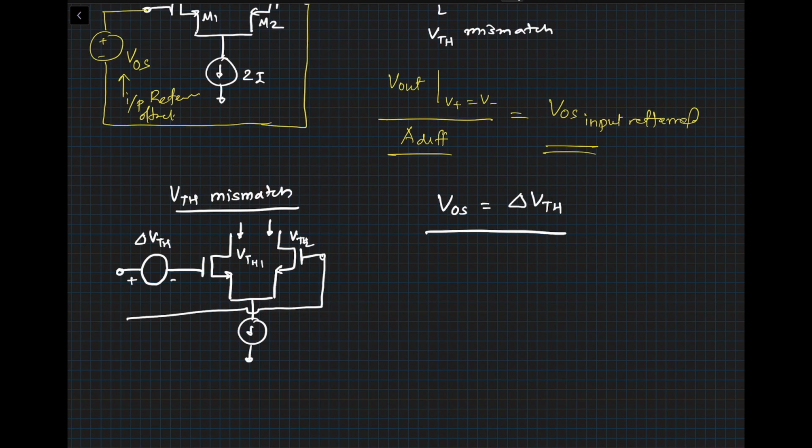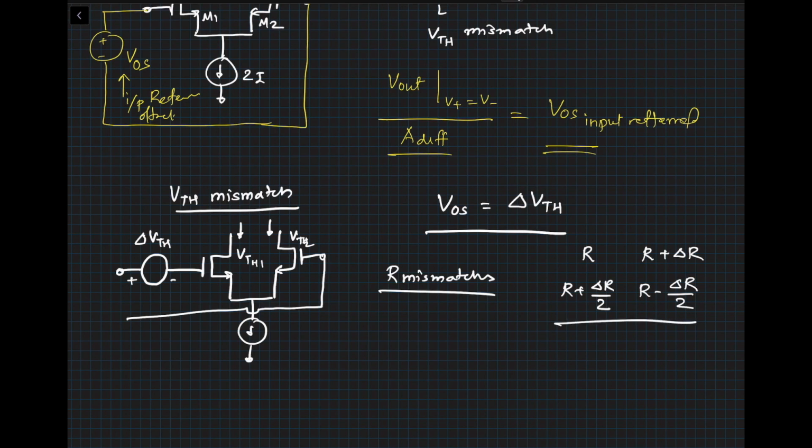Now let's look at resistor mismatches. If you have resistor mismatch, so for example, one resistor is R and the other resistor is R plus delta R, or you can also use R plus delta R by 2 and R minus delta R by 2, something like that. Then you can say that due to just the resistor mismatch, my V out is going to be I times delta RD in this case.